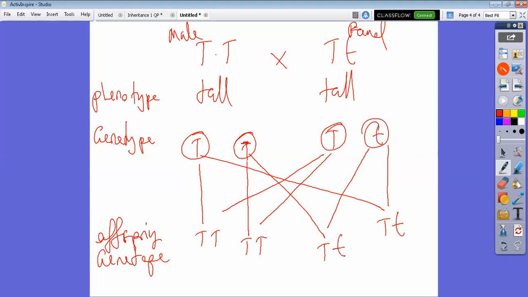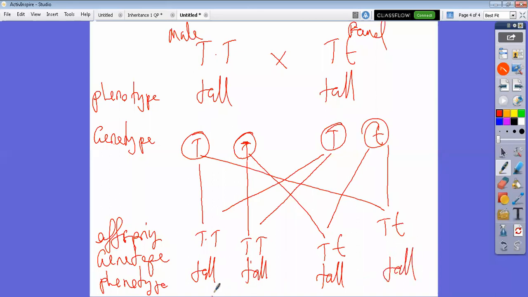Are we agreeing? So what comment can you make about the phenotypes? Is that person tall? This person tall? This person tall? Because the small t is not expressed. Clear. This person is tall.